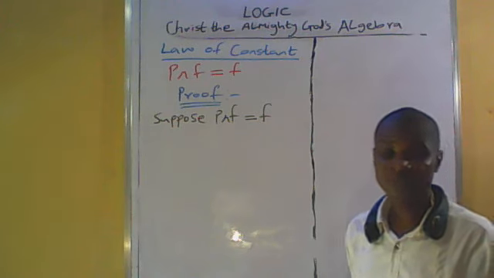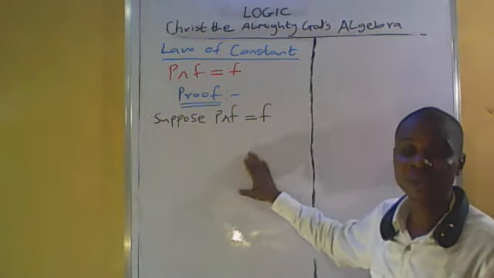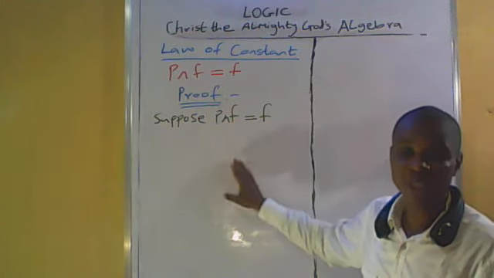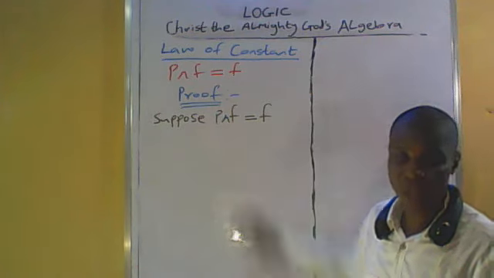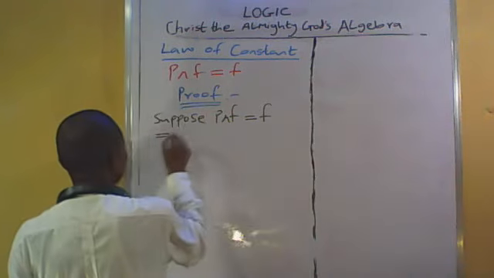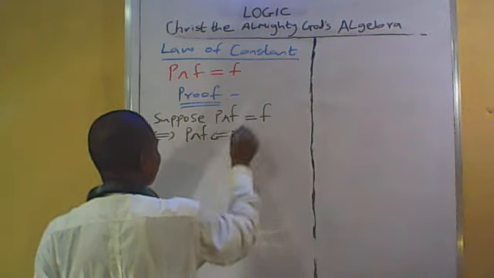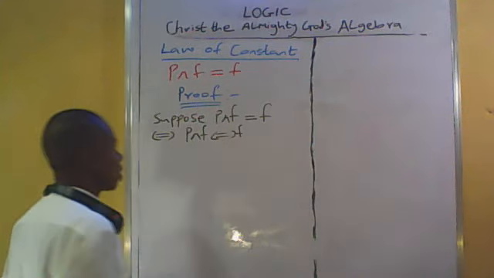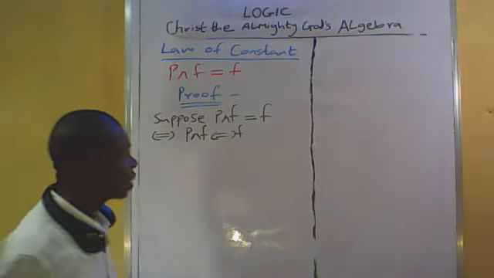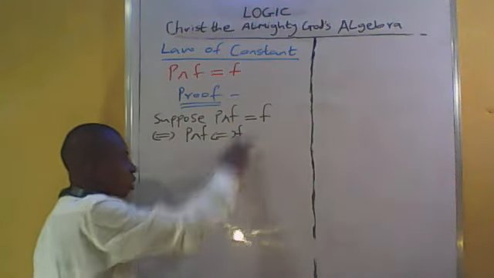Now, since this equation is logical equivalent, we can transform it to a biconditional statement, and it will still return logical equivalent. P and F if and only if F. We have now transformed it to a biconditional statement. Whenever the left side is true, the right side must also be true.